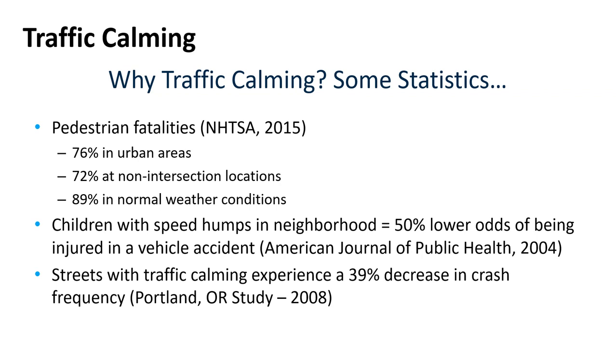Streets with traffic calming have a 39% decrease overall in crash frequency. That's Portland, Oregon. Again, Portland has a really strong traffic calming system in place. And Seattle was the other kind of famous one in the U.S. for having really good traffic calming, since the 1970s. They've been doing this a long time and they're really good at it.